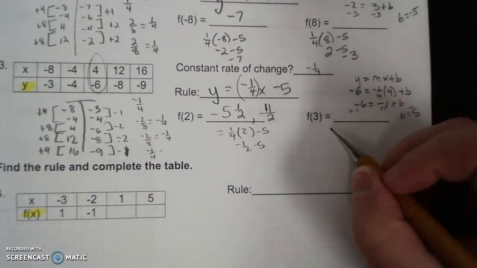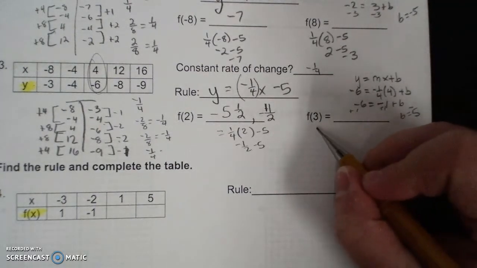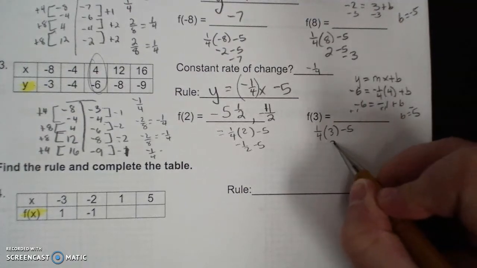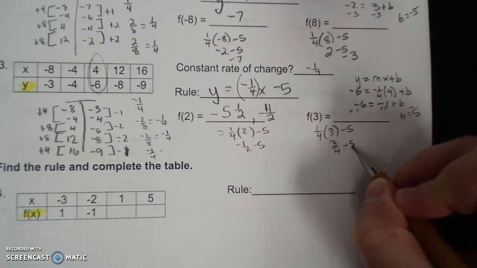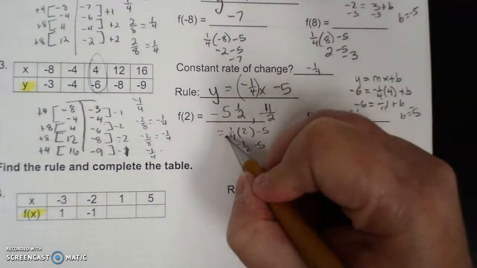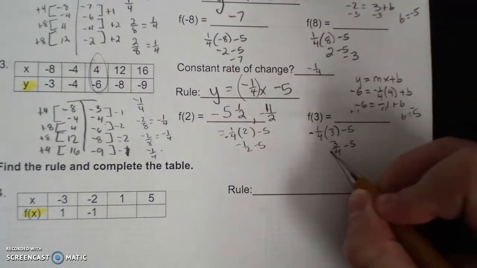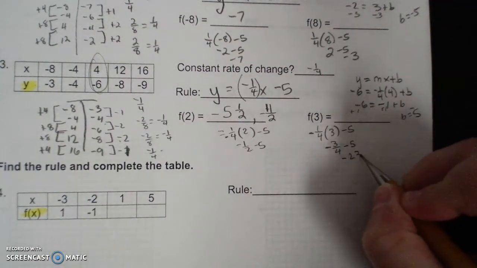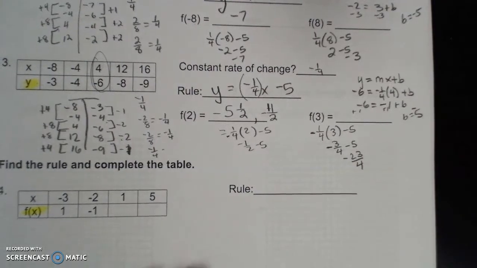F of 3 is negative 1/4 times 3 minus 5, negative 3/4 minus 5, which would be negative 23 over 4.